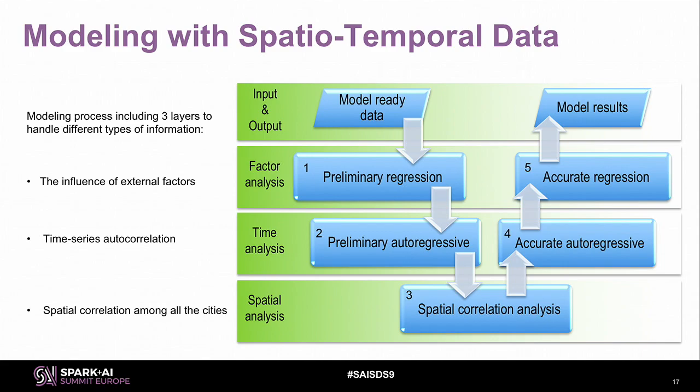Steps 1, 2, 3 on the left-hand side give the first estimation for the corresponding part, and then steps 4 and 5 on the right will refine them. This process can be run iteratively, but after our examination we found that there is not much tuning needed.